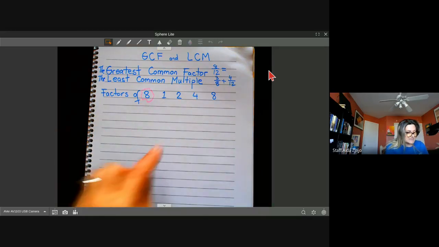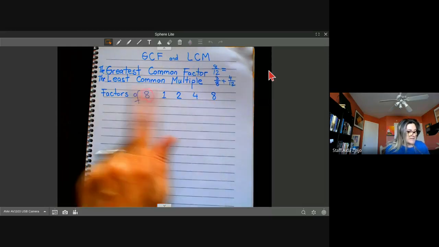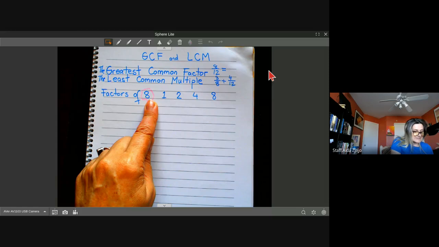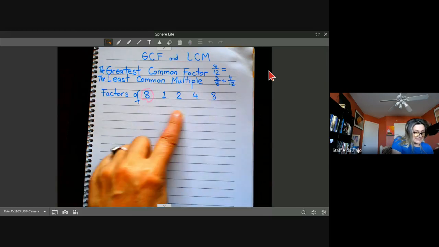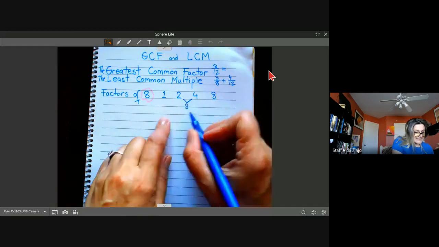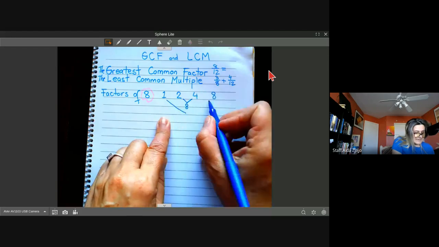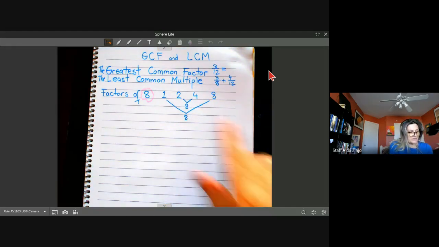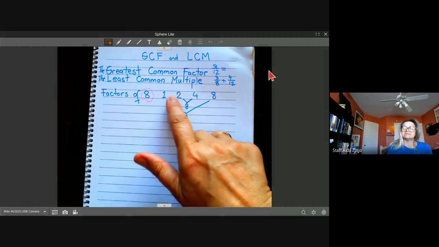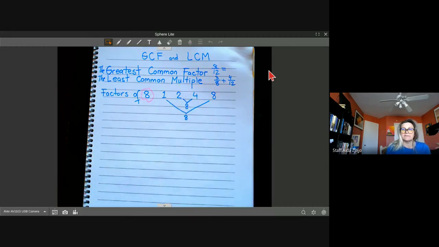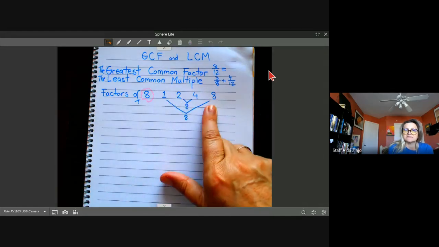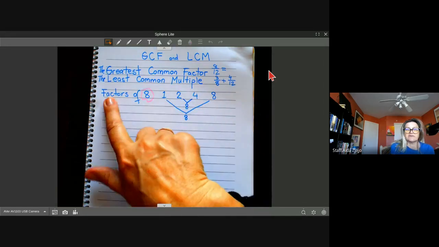So these are the only factors of the number 8, because I can say 2 times 4 is 8, and 1 times 8 is 8. I can also say 4 times 2 or 2 times 4. This is called the commutative property. So 1, 2, 4, and 8 are factors of 8.